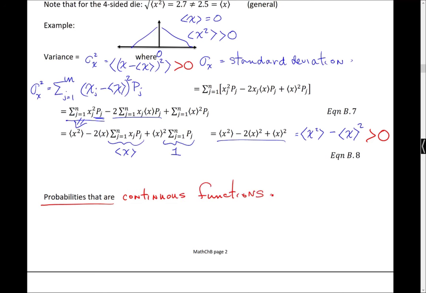All right? And so for continuous functions, we need to define how we talk about probabilities. So I can say the probability of x dx means the probability that I have an observation between x and x plus dx.